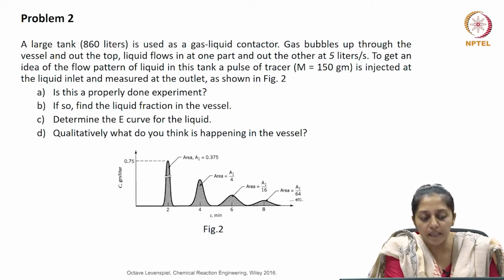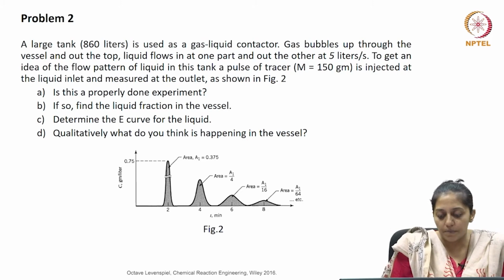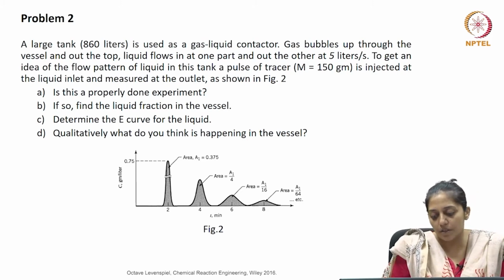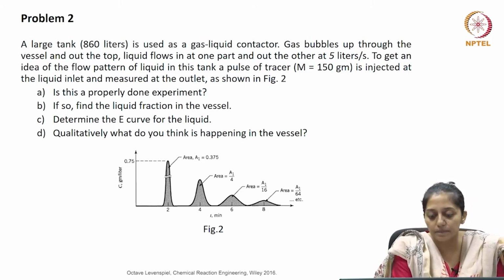Now, in order to get the flow pattern of the liquid in the tank, a pulse of the tracer, the amount of the tracer given as 150 grams, has been injected at the liquid inlet and the concentration of the tracer is being measured. When it was measured, the concentration looks like this, as shown in figure 2.